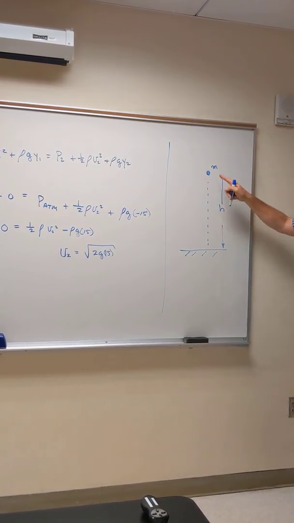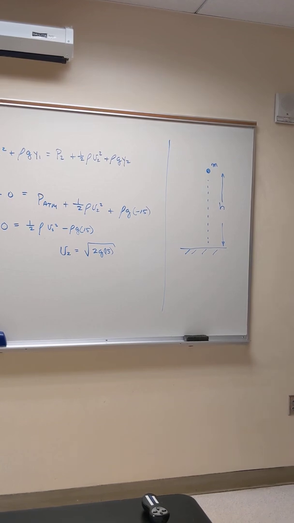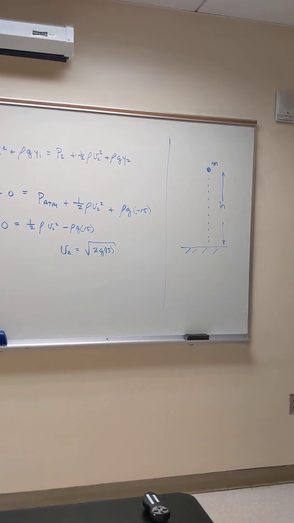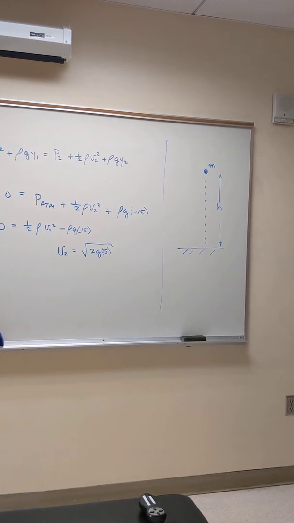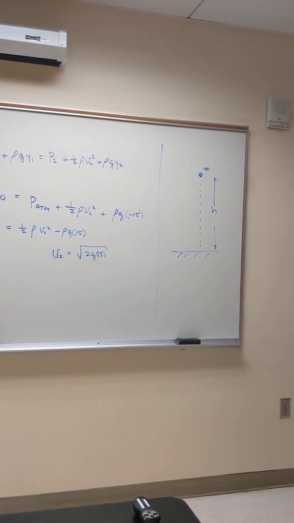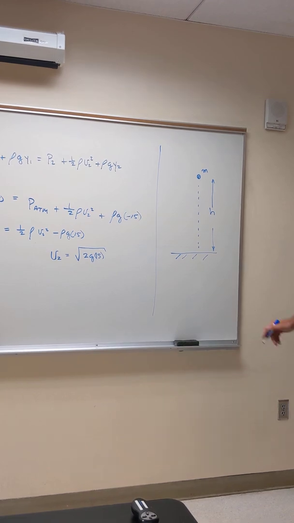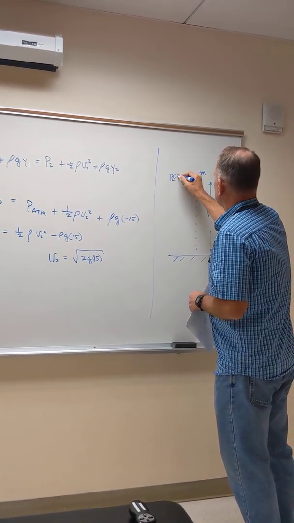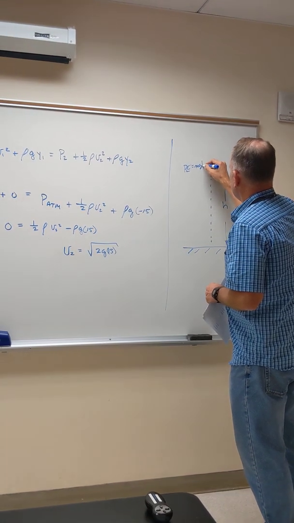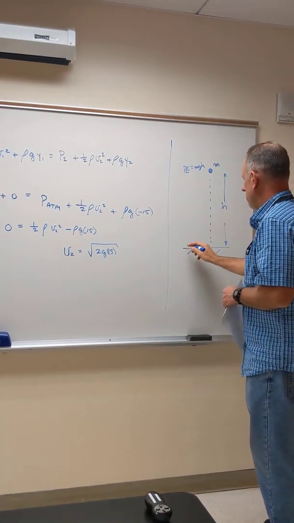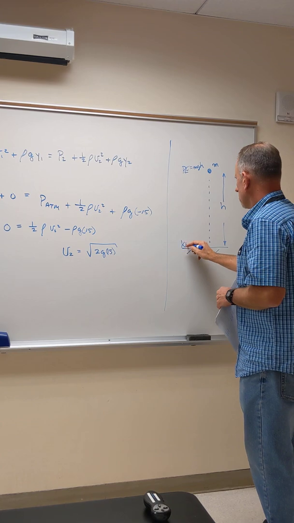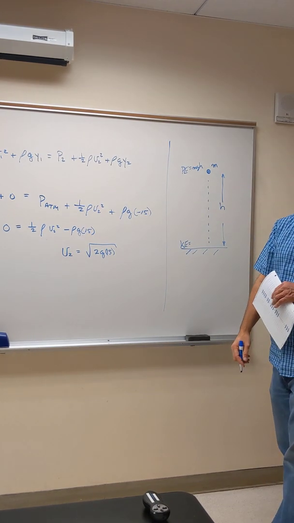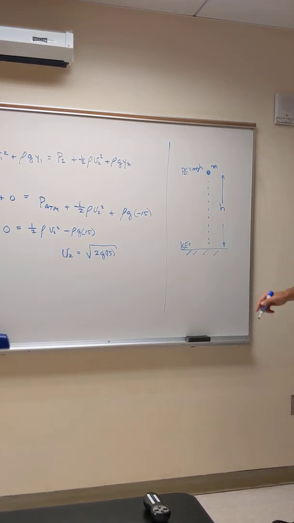How could I find the velocity of this falling ball just before it hits the ground, ignoring air resistance? So the PE here is mgh. What's the kinetic energy at the bottom? What is it? Not 0, just before it hits.